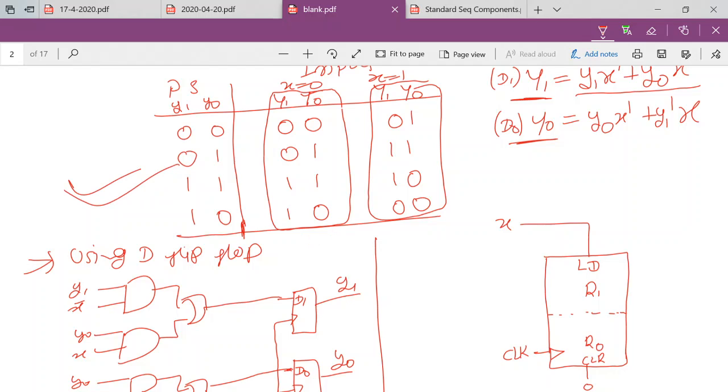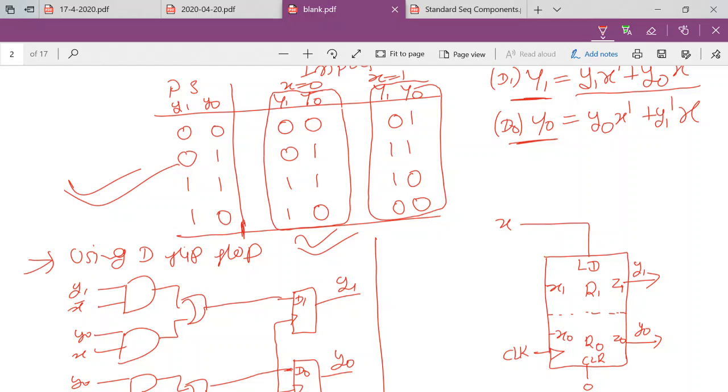Now for x equals 0, we will get the desired output. Suppose this is your y1 and this is your y0. Whatever the previous state was will remain the same. For the register, you can say this is your Z1 and this is your Z0, and the inputs are x1 and x0.